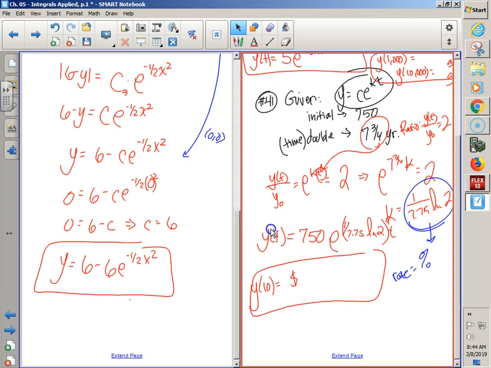Once you have your c and once you have your k, this allows you to say it was exponential growing. So y equals c e to the kt. So her integration showed it to be true.